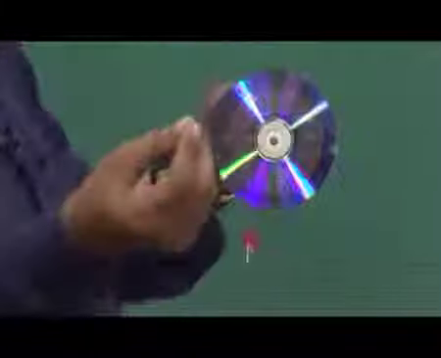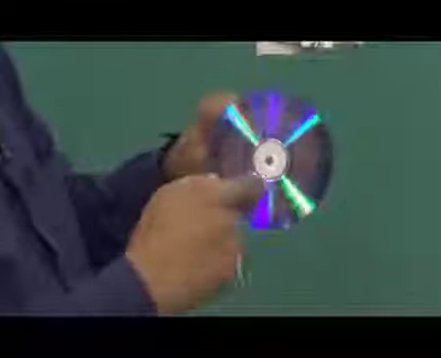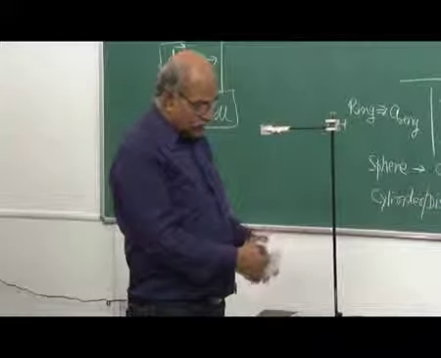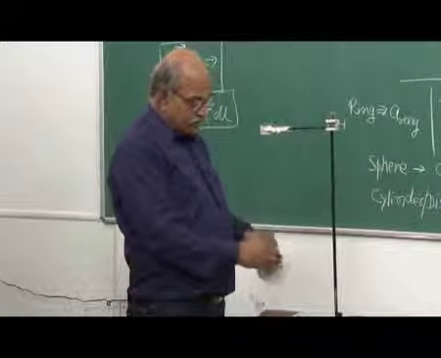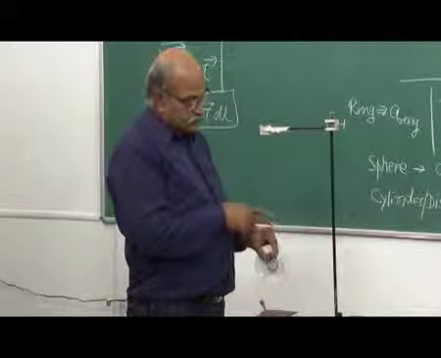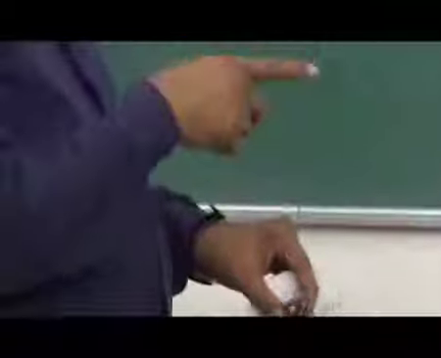And if it is going anti-clockwise, the angular momentum will be towards you. If it is going clockwise, the angular momentum is away from you. If it is going anti-clockwise, the angular momentum is towards you. And then this whole thing is hung using this thread to this clamp stand here.